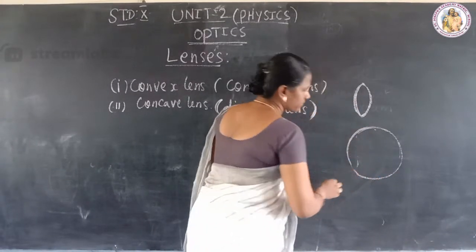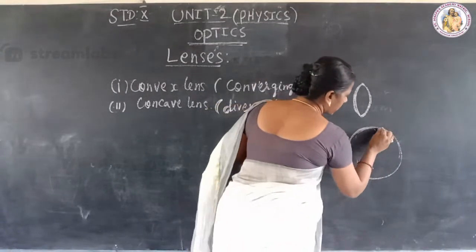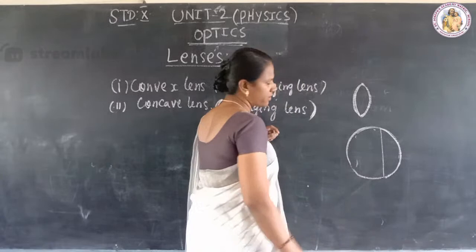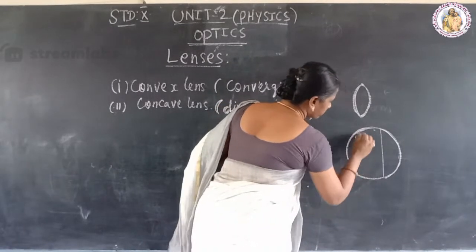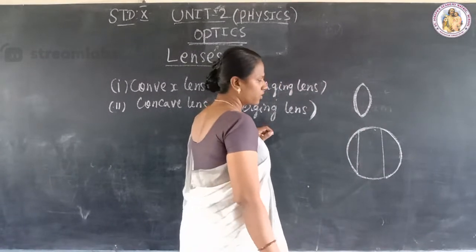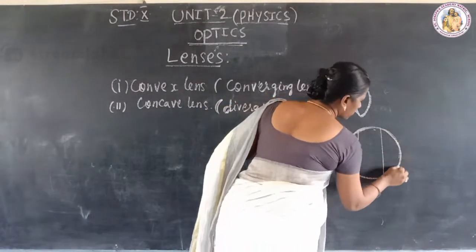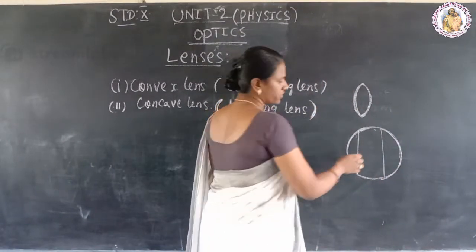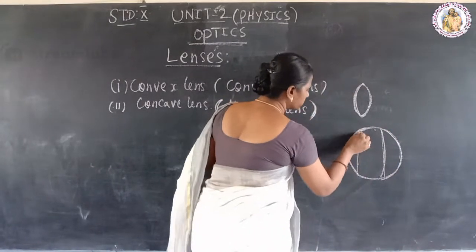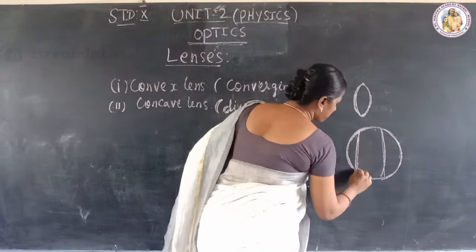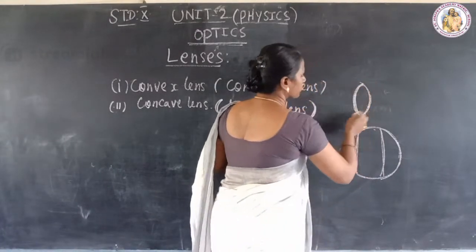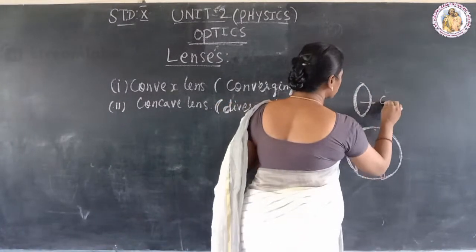If we cut this part and this part, it makes the convex lens. The curved surface here is curved inward and this one is curved outward. So two spherical surfaces make the convex lens.